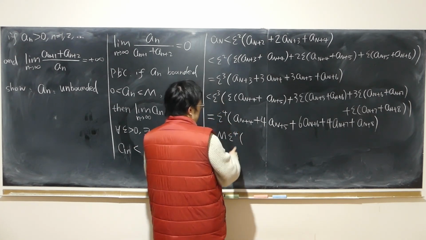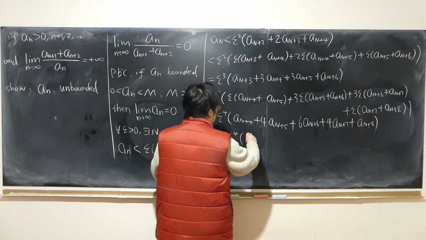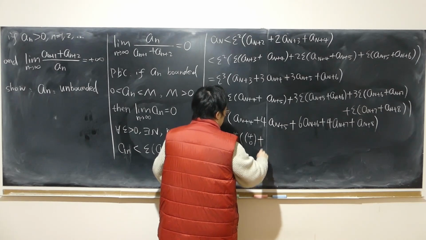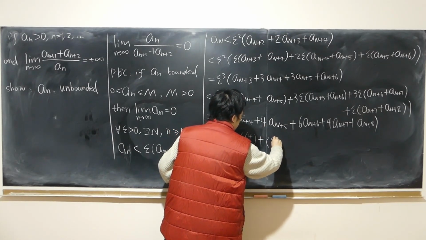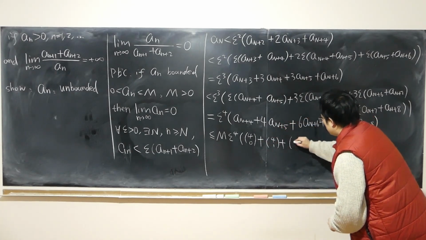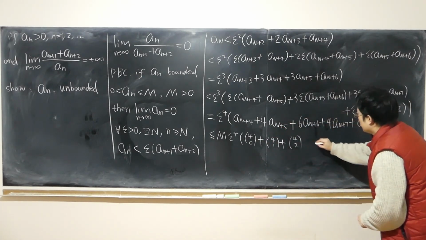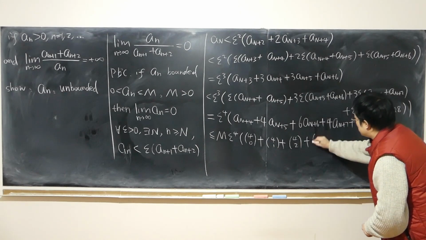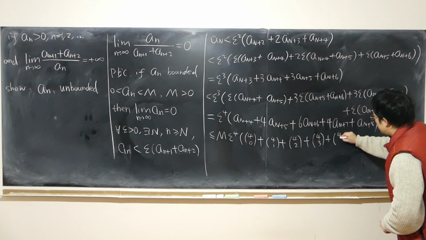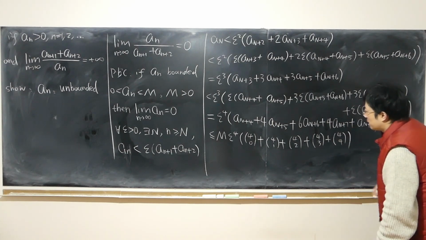Inside here, coefficient is 1. 1 is 4 choose 0. 4 is 4 choose 1. 6 is 4 choose 2. 4 is 4 choose 3. 1 is 4 choose 4. Right?